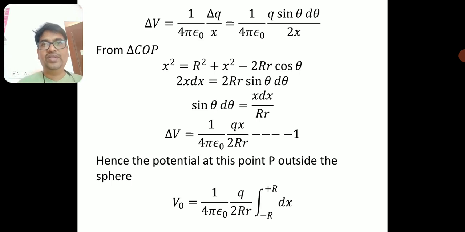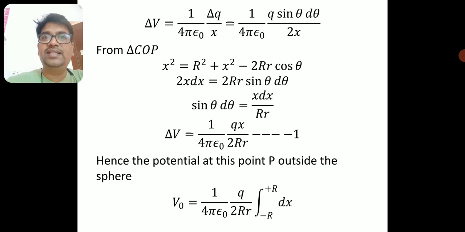Okay, so therefore you have to take the charge on the annular ring only in the equation. So the charge on the annular ring is delta Q, and the distance of the annular ring from the point of consideration is x. So be careful, you cannot take Q or R here, because I am finding the potential at the point P due to the annular ring.